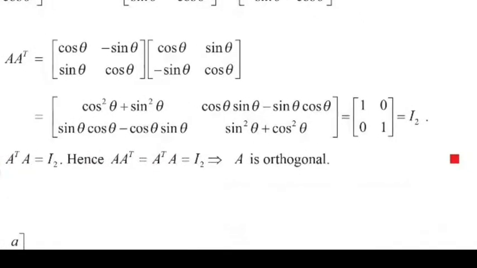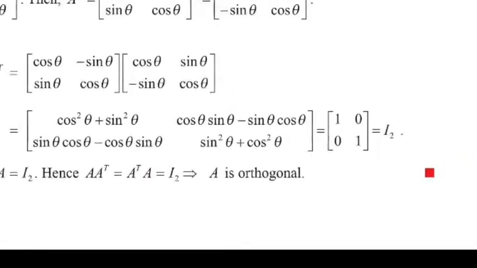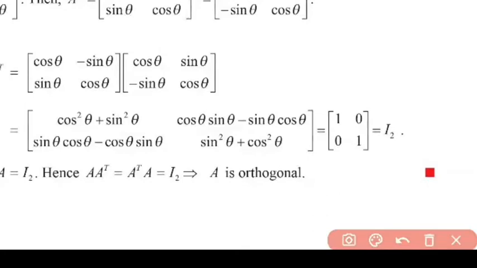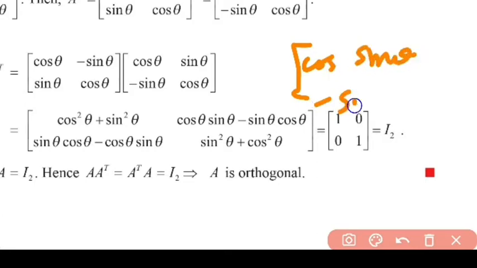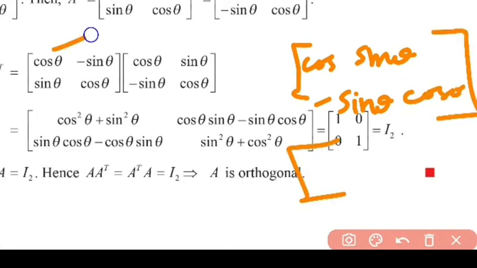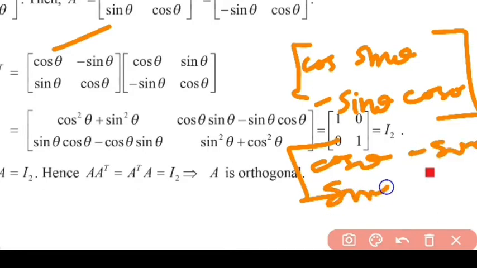So next you do the multiplication yourself: A transpose into A. A transpose is cos theta, sin theta, minus sin theta, cos theta, into A matrix cos theta, minus sin theta, sin theta, cos theta. Multiply and you will get the same unit matrix.